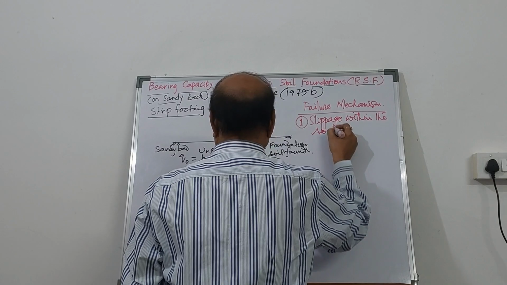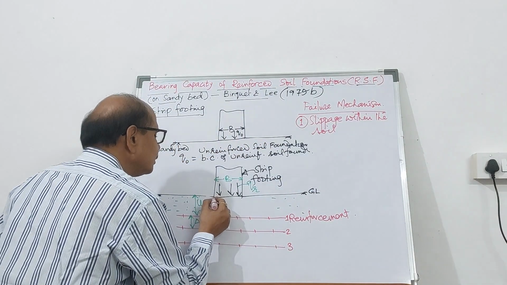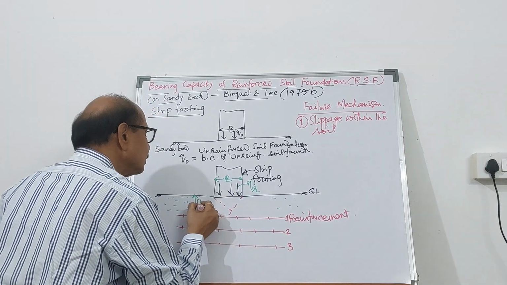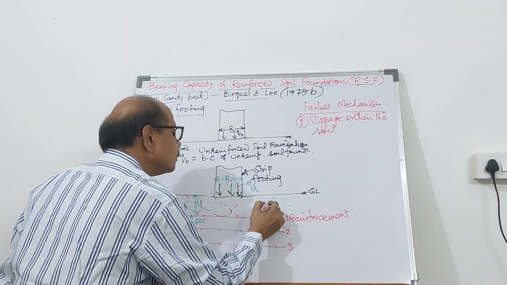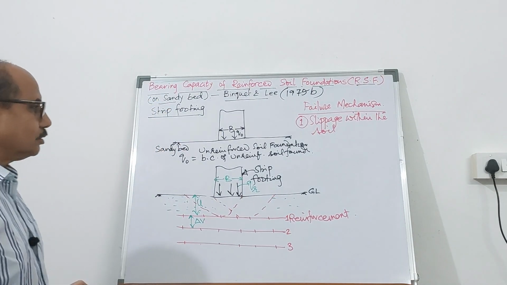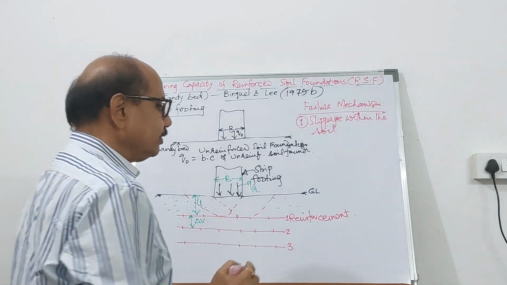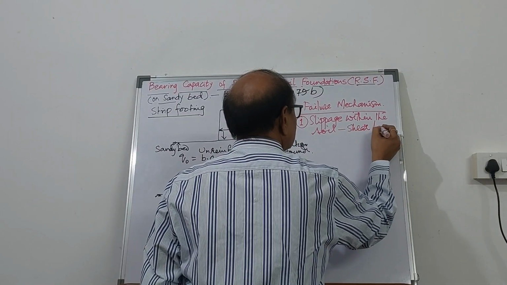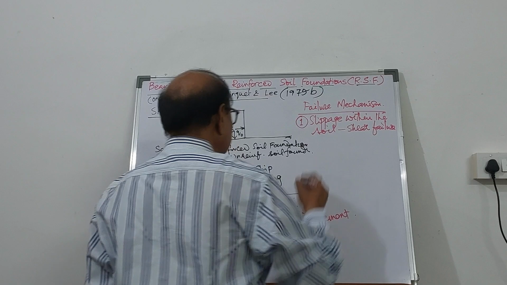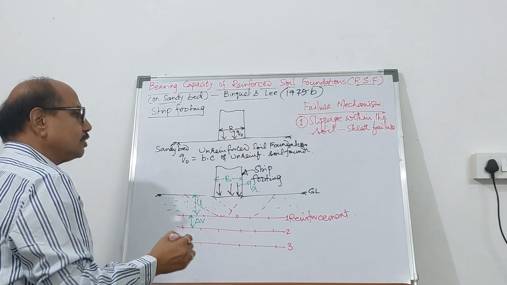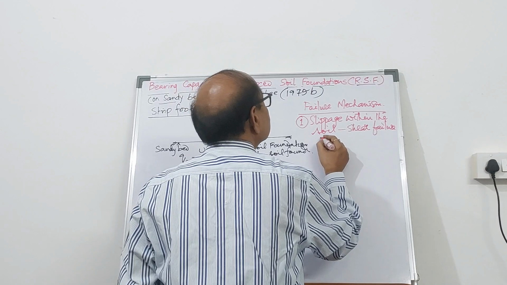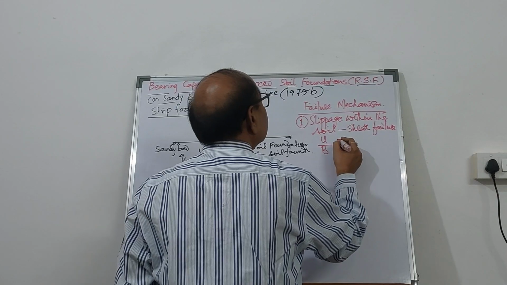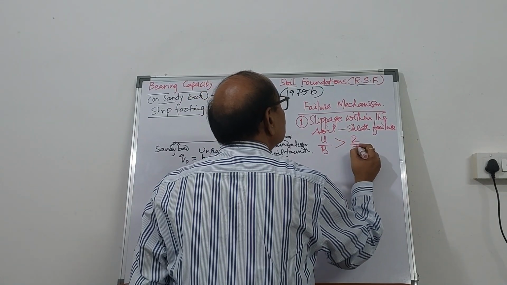What does it mean? Shear failure is taking place here. There are shear lines. So slippage within this is called shear failure. This happens when U by B is greater than 2 by 3.